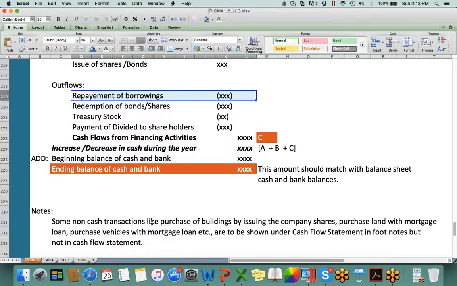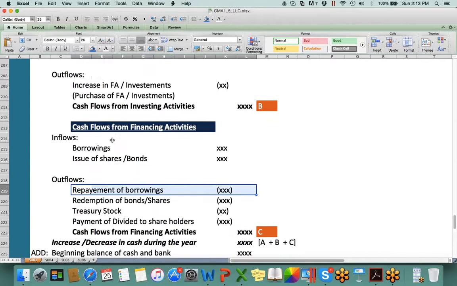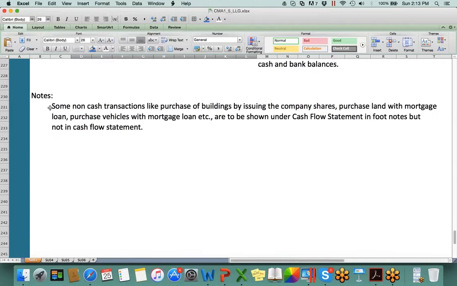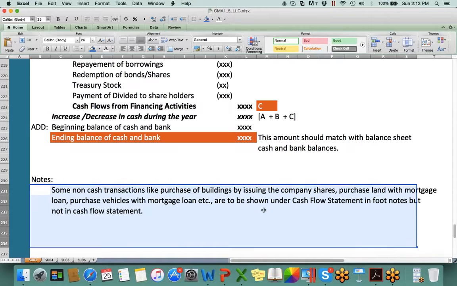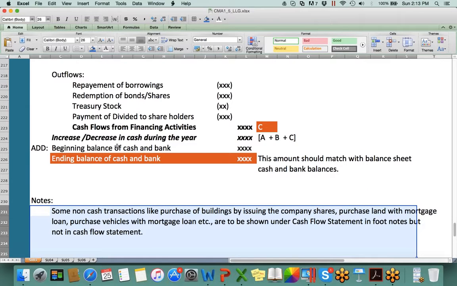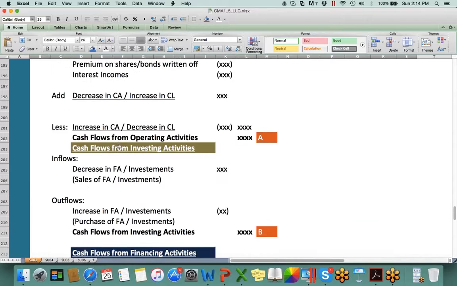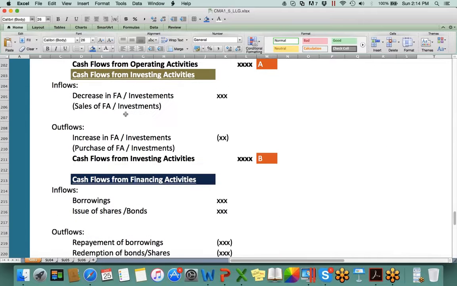When you pay the loan amount from next year onwards, you will have repayment of borrowings. But on the day this transaction takes place, there are no cash ins or cash outs. That's why all these transactions are to be recorded underneath the cash flow statement, not anywhere in its body.